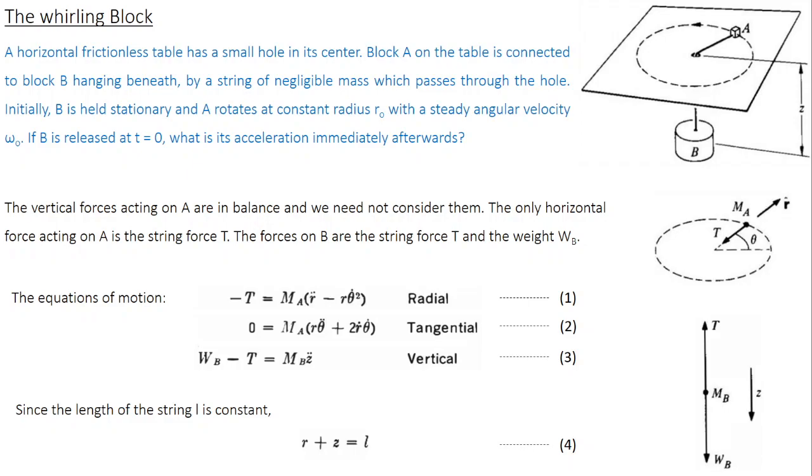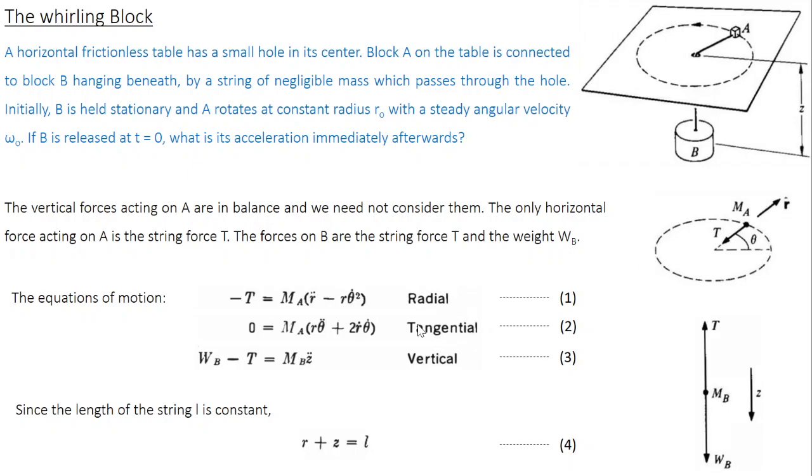Let's write down the equations of motion. First, for object A, F is equal to ma. Force is the tension acting in the inward direction, so F is minus T, which is equal to m into the radial component of acceleration, which is r double dot minus r theta dot square.